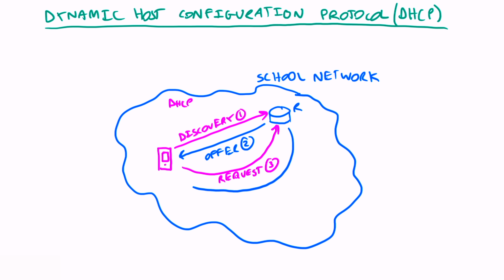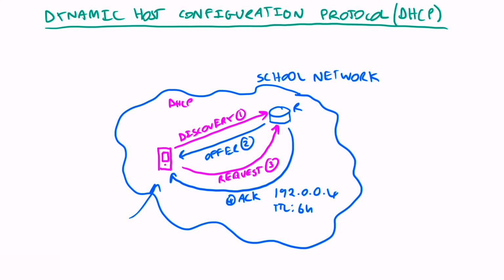The router will send the final message, which is the acknowledgement, and we'll write ACK for short because it's acknowledging that the device would like the IP address that it offered, and it acknowledges it and says, okay, you can have address 192.0.0.4, and you can have that IP address for 6 hours. So that's the time to live.